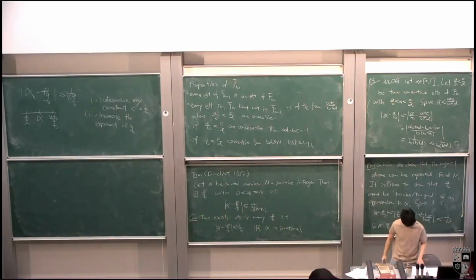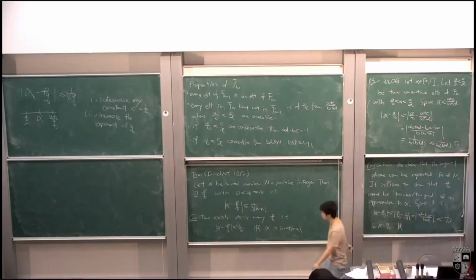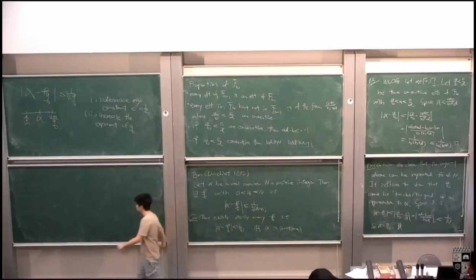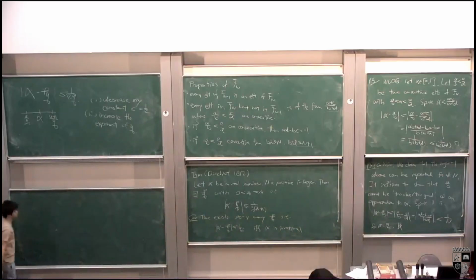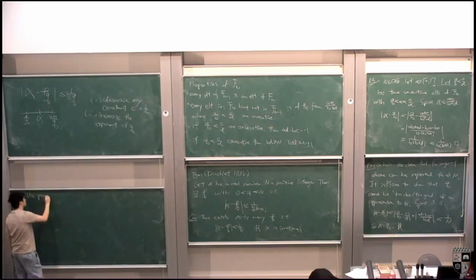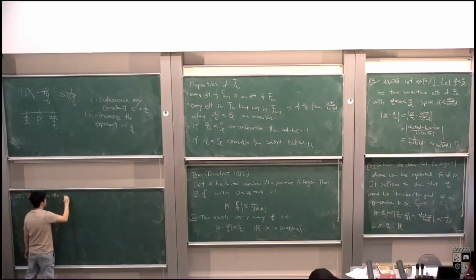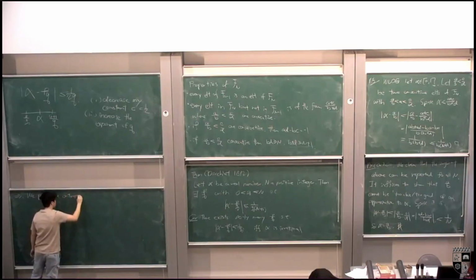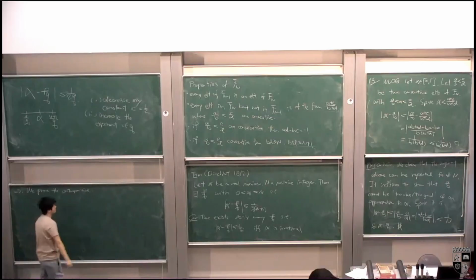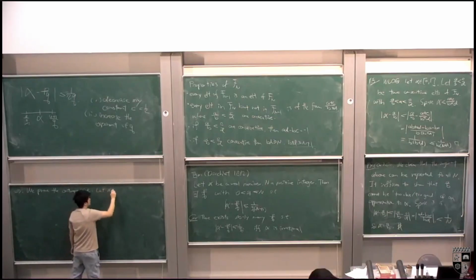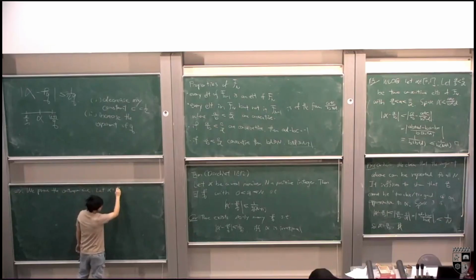So now we have which direction? Ah, this direction. So we prove the contrapositive because it's much easier. Okay, so let alpha be some rational, let's say P over Q, wait, I used P over Q there. Okay, whatever, A over B.